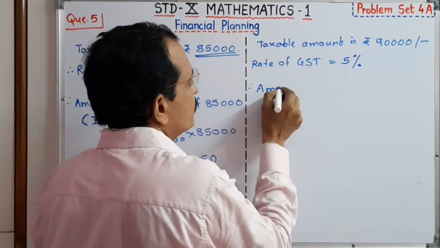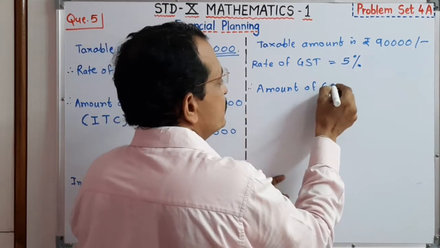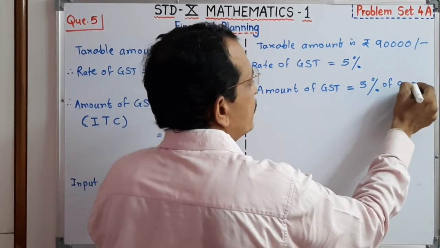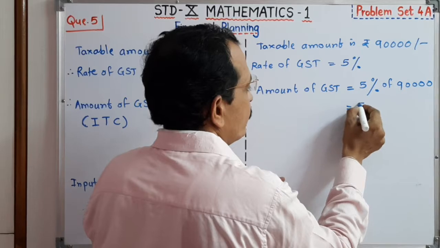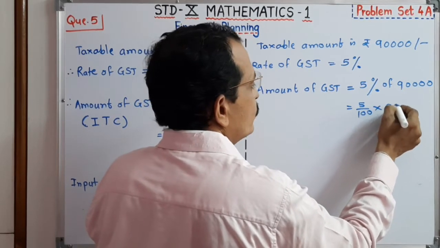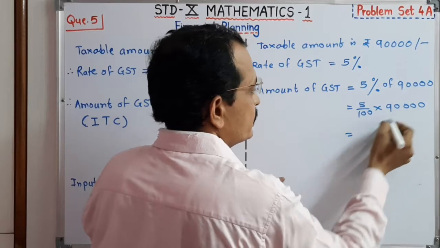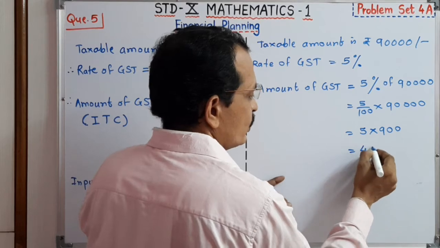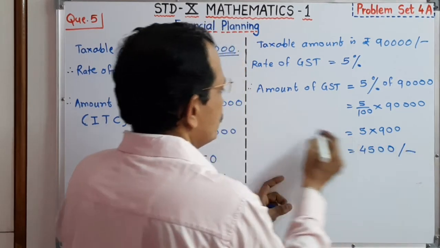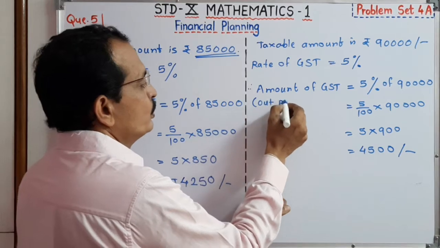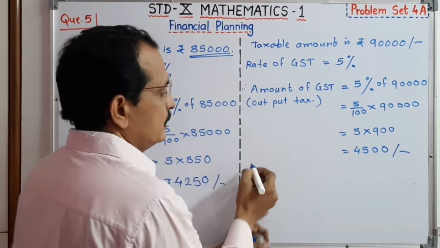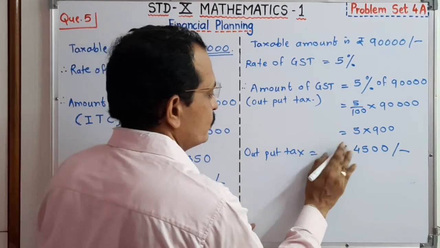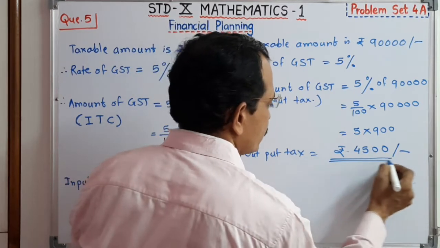Therefore, amount of GST is equal to 5% of 90,000. Therefore, 5 upon 100 into 90,000. Therefore, 5 into 900. It is 4,500. Dear student, this is output tax. Therefore, output tax is equal to rupees 4,500.